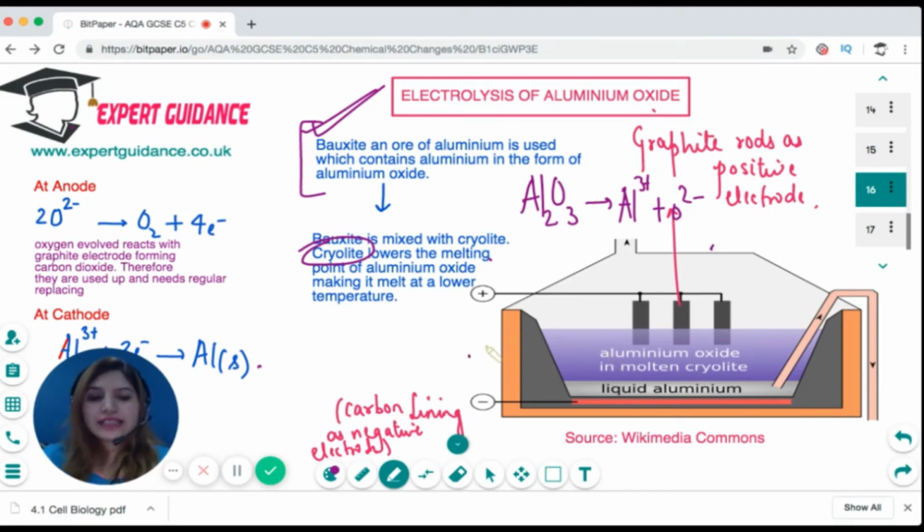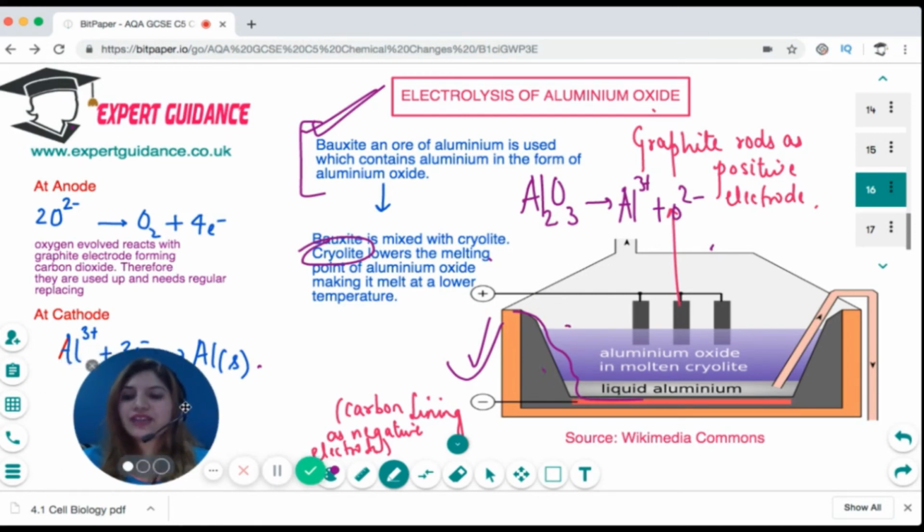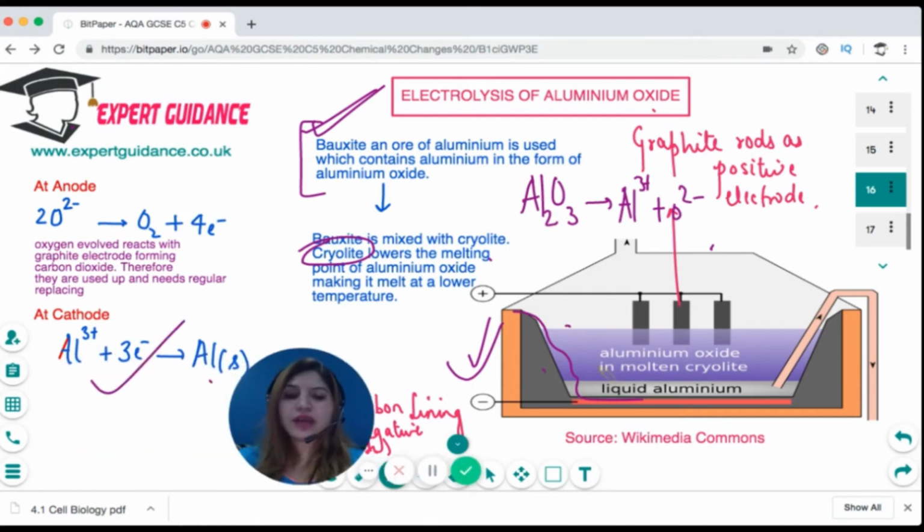Now this is the setup of the electrolysis. The carbon lining is the negative electrode where the Al3+ goes, gains electrons and converts into aluminium. But at such a high temperature, the liquid aluminium is formed and you tap it off. The graphite electrodes are the positive electrode where O2- goes, and then it loses electrons and forms oxygen gas.